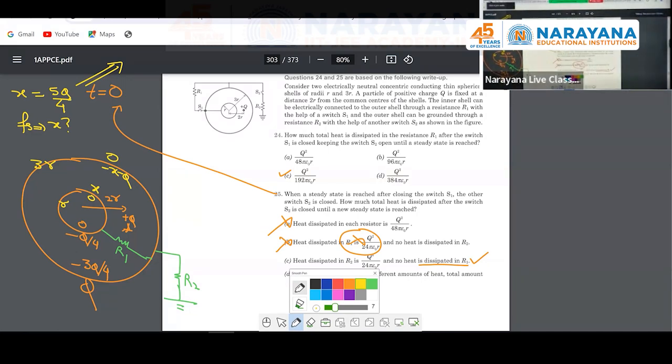Terms बताओ मुझे शुभम. When you are writing the terms, क्या क्या अंदर वाले surface पे लिख रहे हो आप? माइनस q/4 आ रहा है.